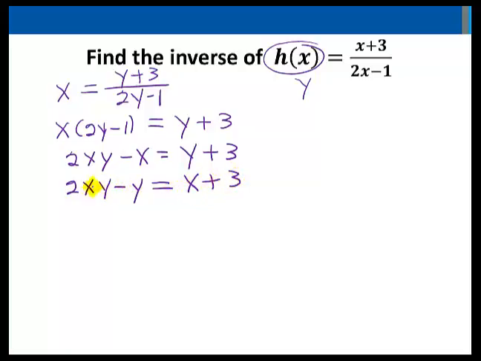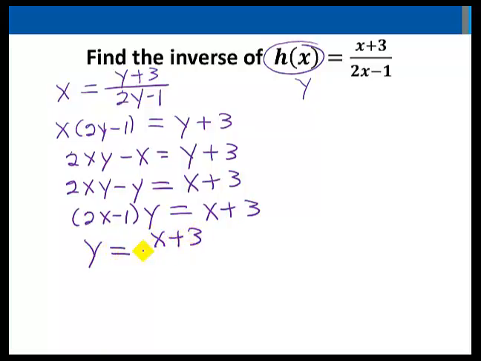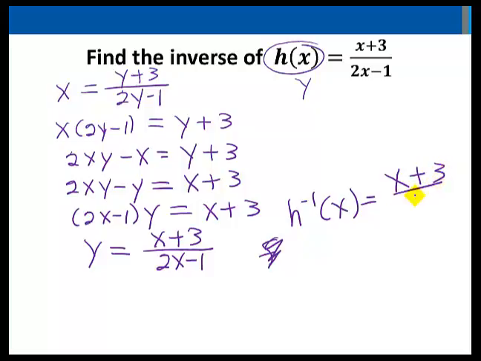And then I want to factor out the y from the two terms with y, and finally divide through by 2x minus 1, so we get y equals x plus 3 over 2x minus 1. This is our inverse, so this is h inverse of x equals x plus 3 over 2x minus 1.